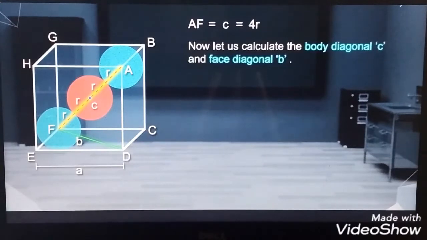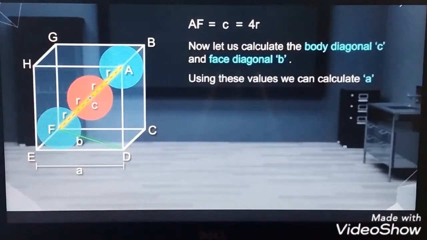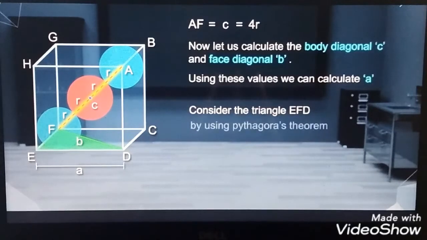Now let us calculate the body diagonal c and face diagonal b using these values. We can calculate a. Let us consider the triangle EFD. By using Pythagoras theorem, we have FD² equal to EF² plus ED². b² is equal to a² plus a². b² is equal to 2a².